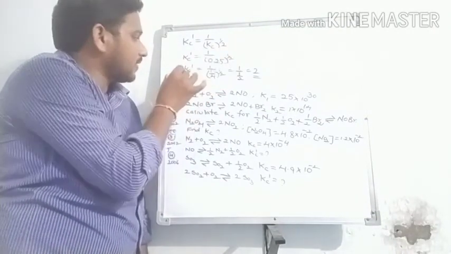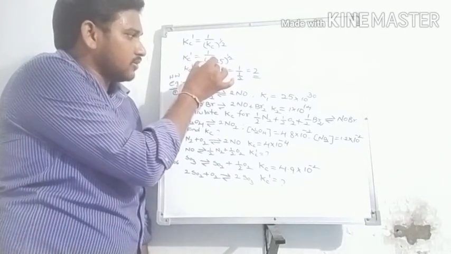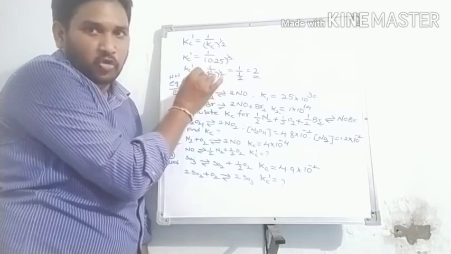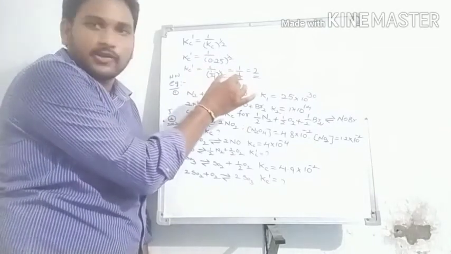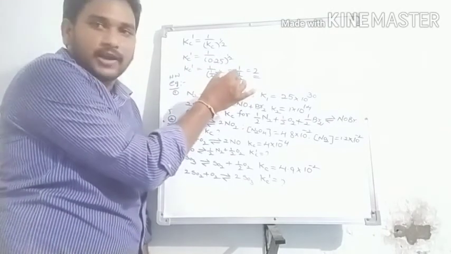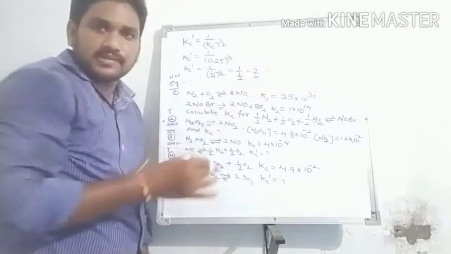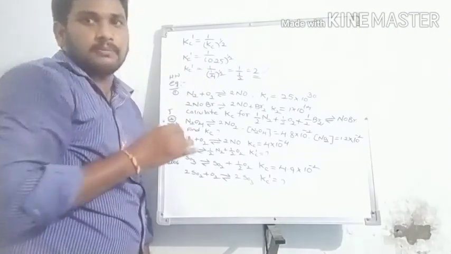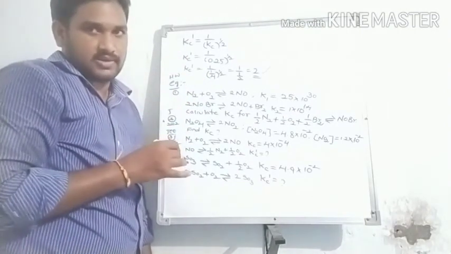Writing 0.25 as 1 by 4, 1 by 4 whole power 1 by 2 means 1 by 2, and the reciprocal of 1 by 2 gives 2. Is that clear, sir?